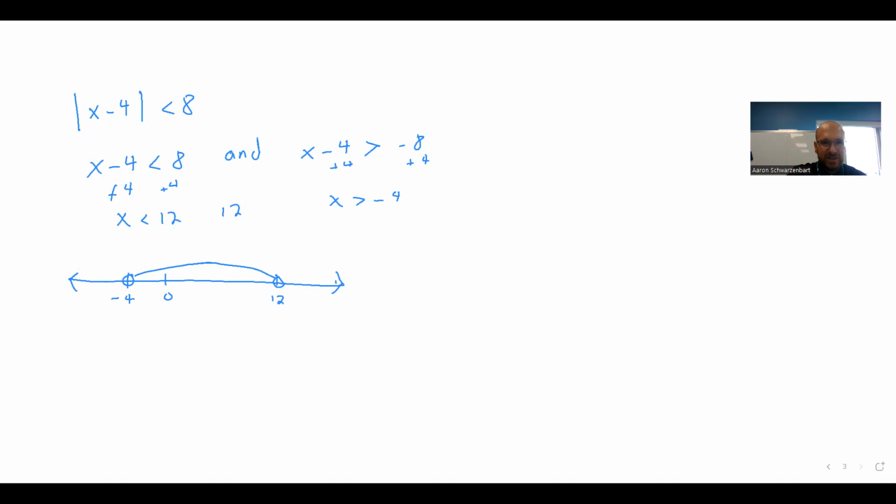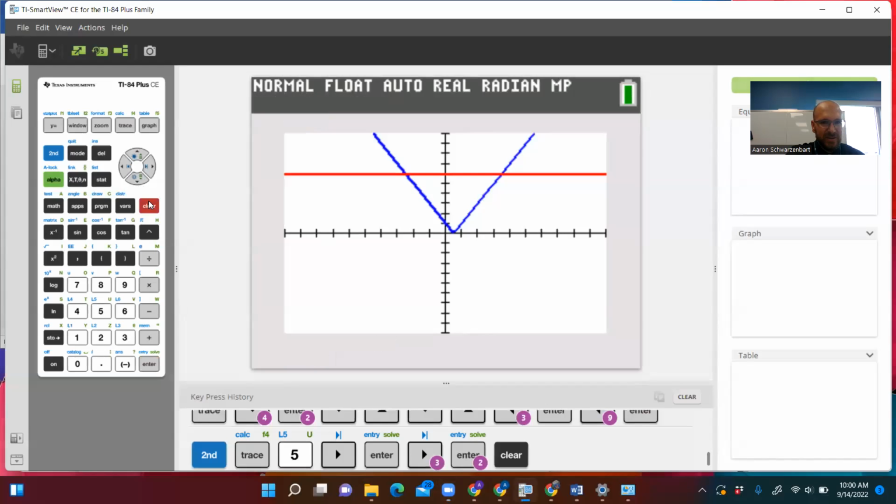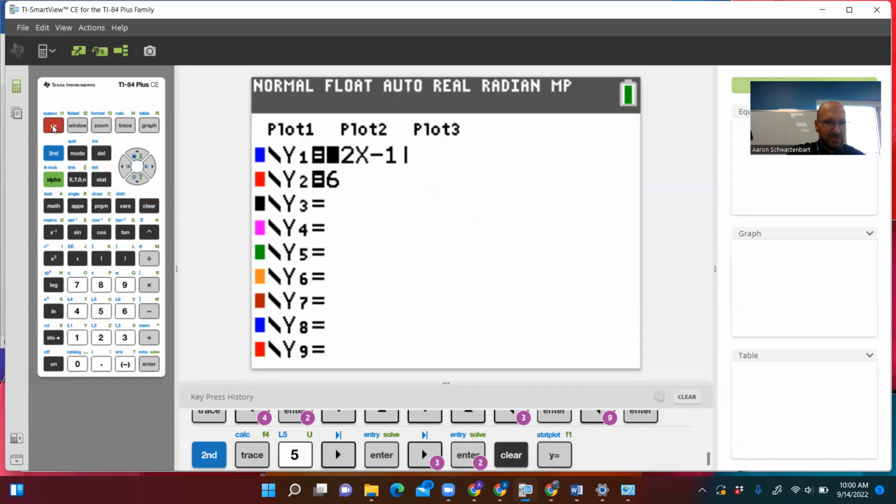I'm going to show the graphing calculator here, and I'm going to graph these two things. So we're going to go to our y equals. I'm going to clear everything out.